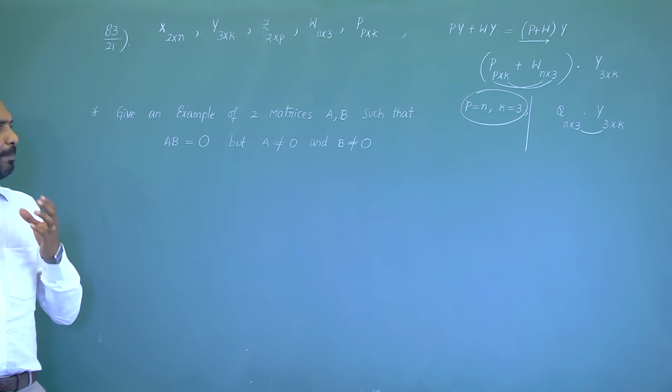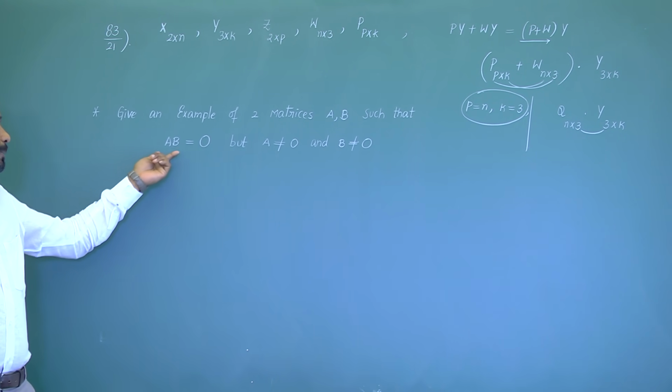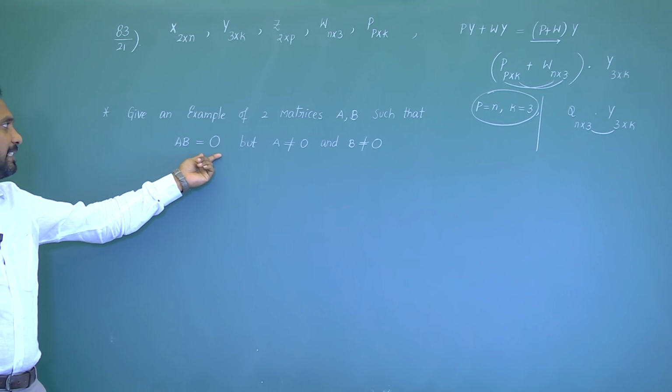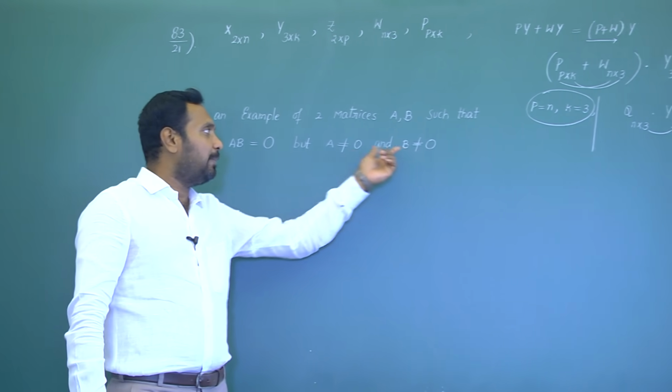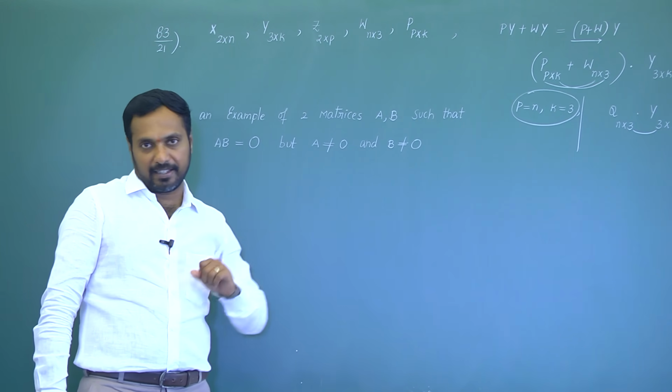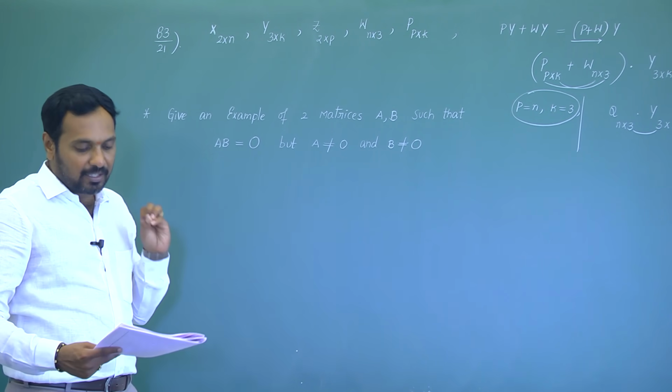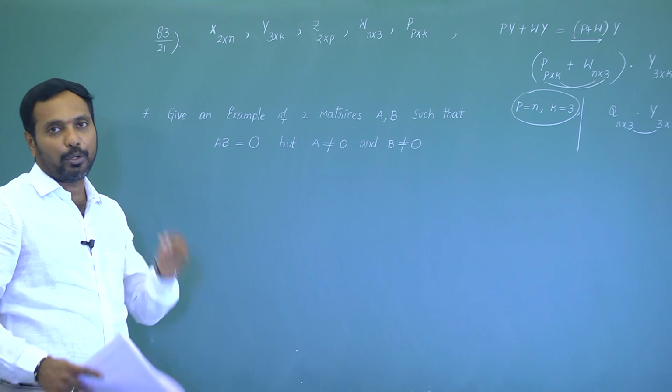But with respect to matrices, the product of two matrices may be a null matrix even though both the matrices are not zero matrices. They may ask you to give one such example.